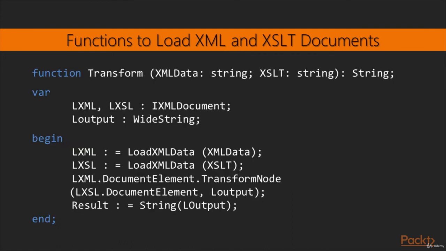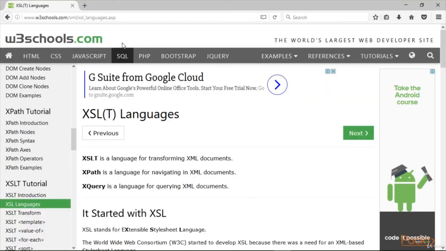Here is the detailed code. This function doesn't know about the output format because it is defined by the XSLT document. The result could be an XML, an HTML, a CSV, or plain text, or whatever the XSLT defines. But the code does not change.